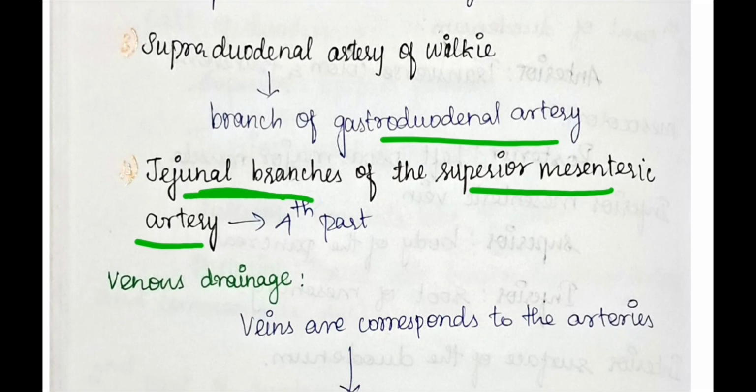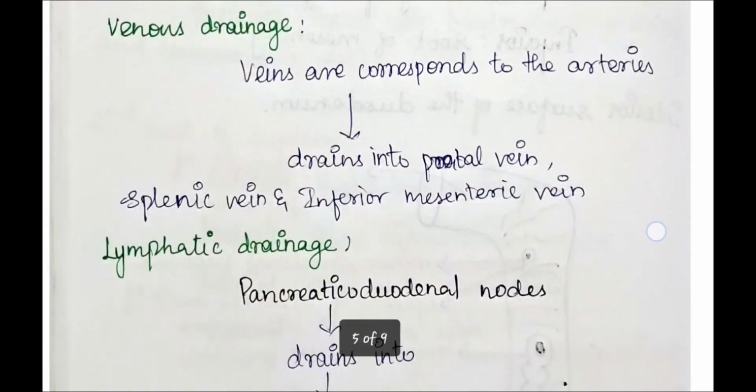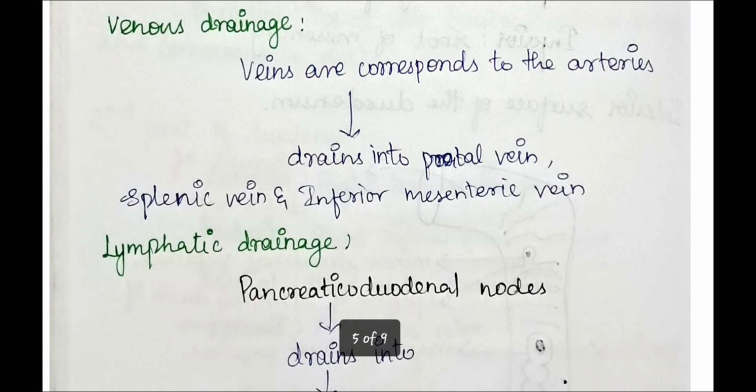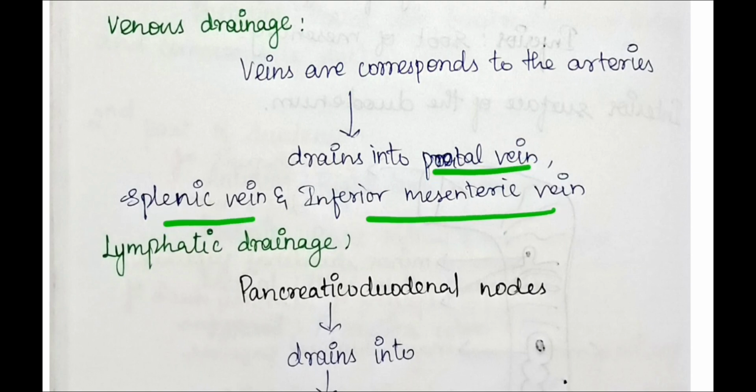This jejunal branch mainly supplies the fourth part of the duodenum. Okay. Coming to the venous drainage. According to the arteries, venous drainage also takes place, but it drains into the portal vein, splenic vein, and inferior mesenteric vein. So these three veins are mainly involved in the venous drainage of the duodenum.